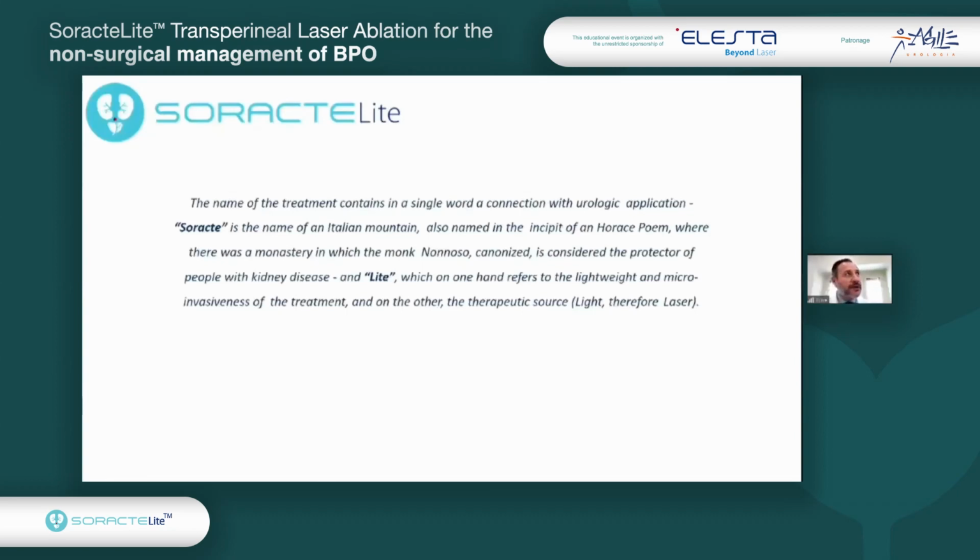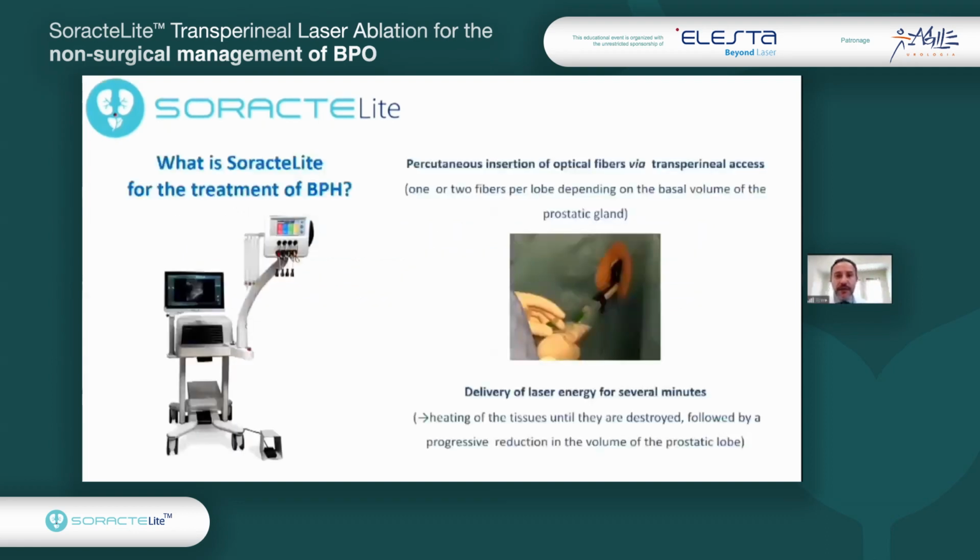And the light, the last part of the name, on one hand refers to the lightweight and micro-invasiveness of the treatment, and on the other hand refers to the therapeutic source, so light and therefore laser.